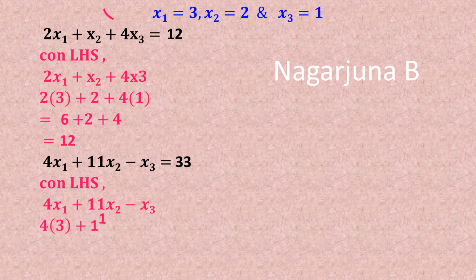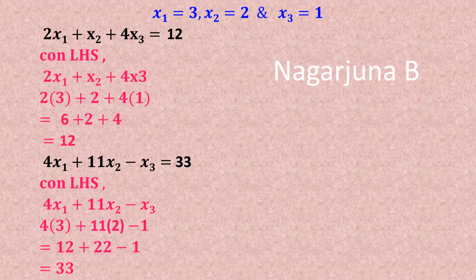Sorry, I told 24, it is 22. 11 twos are 22 minus 1. So 12 plus 22 minus 1. 12 plus 22 is 34. 34 minus 1 is 33. That is RHS. LHS is equal to RHS. That means the answers we have got are correct for the second equation also.